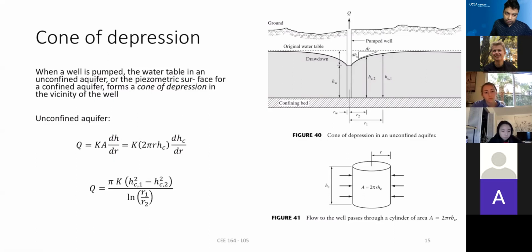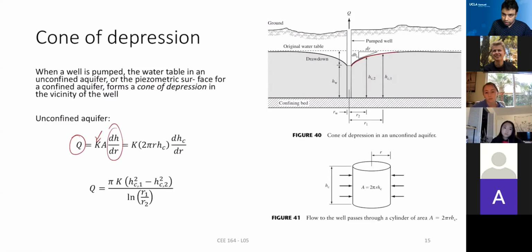And so we use Darcy's law to derive this equation in CEE163. You don't need to know the derivations, but just know the concept. So here it is written for an unconfined aquifer: the flow rate is directly proportional to K, the hydraulic conductivity, and the area of the well, whatever well you are capturing water from, and then the head difference, how far the head drops as you pump water.